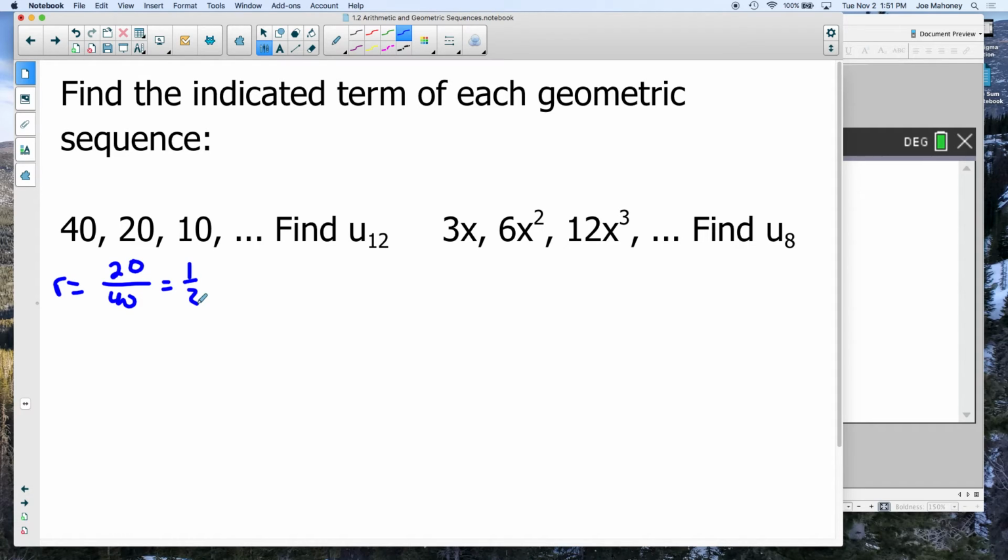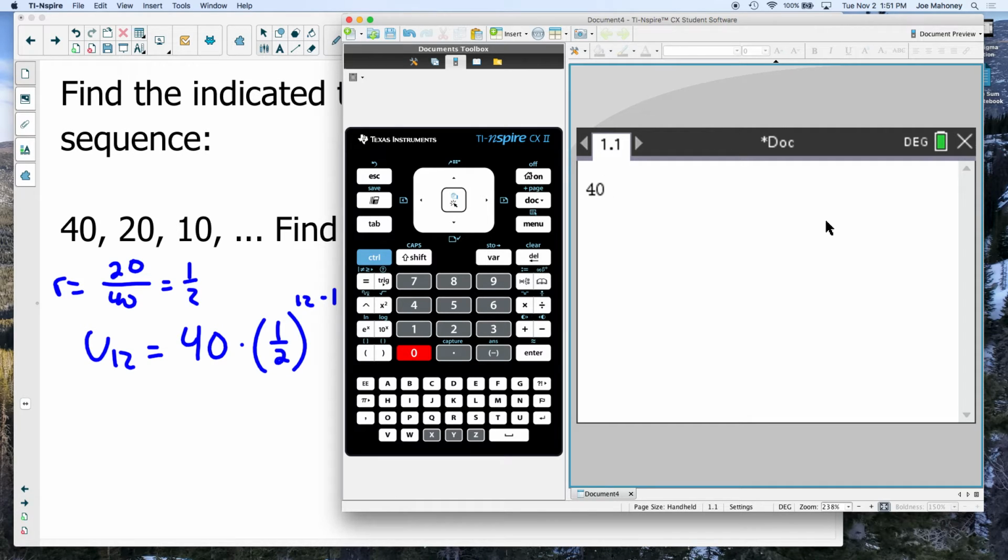So now if we want to find the 12th term, the 12th term is going to be the first term multiplied by the common ratio, and the exponent is going to be 12 minus 1. So let's go to our calculator and figure that out now. If we do 40 times 1/2 to the 11th power, we get the fraction 5 over 256.